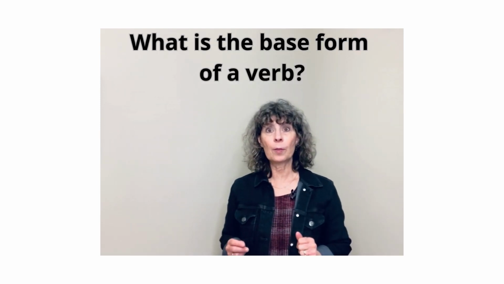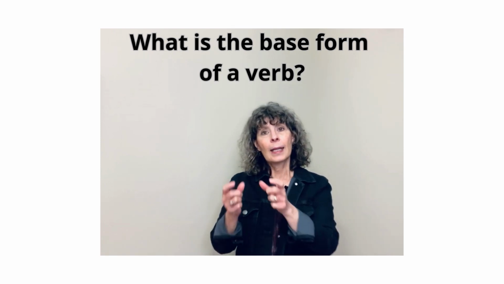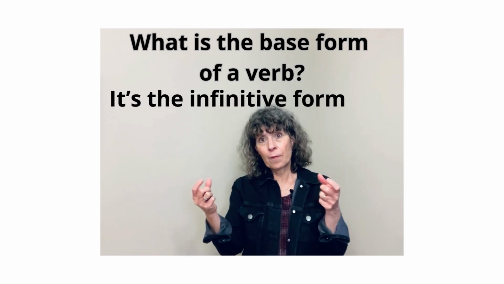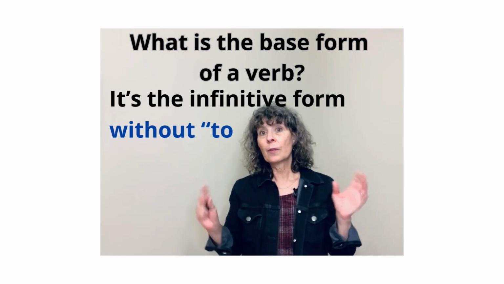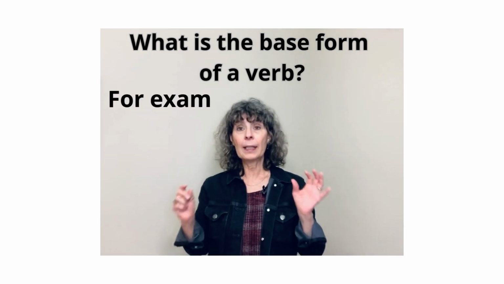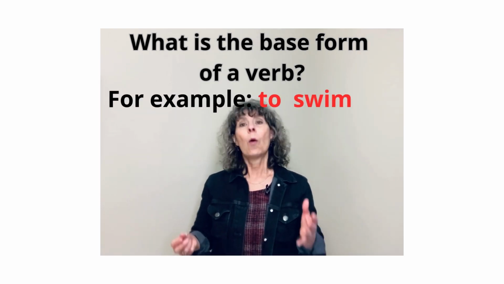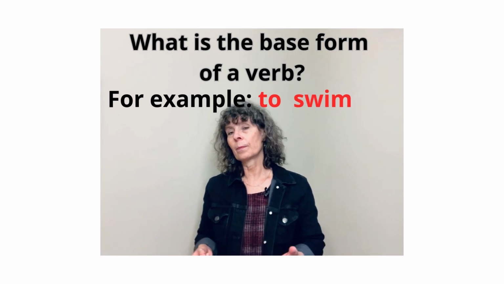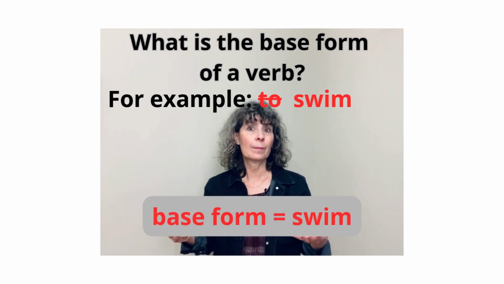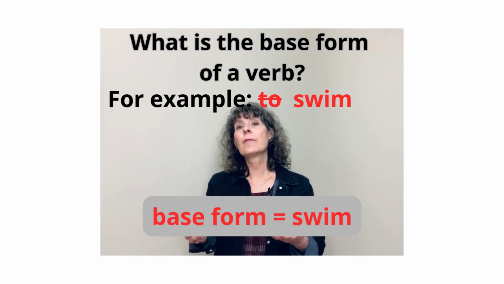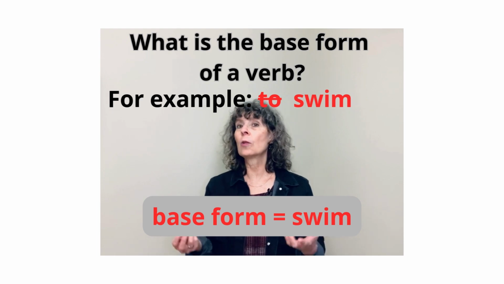What's the base form of the verb? It's basically the infinitive form without the to. So if the infinitive form is to swim, what's the base form? Swim. And it never has to change. It's always in that form. So it's easy in that way.